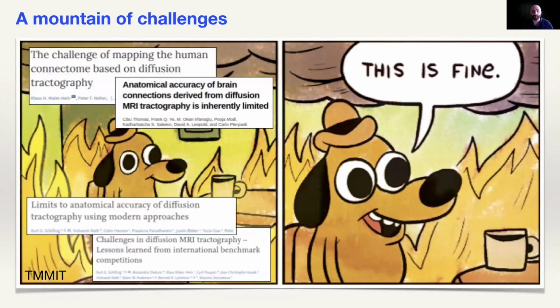So in the end, that generated a few papers, quite recent. So this one is 2017. You have other ones in 2019 that are saying that tractography itself cannot handle all of the connectome as it is now, and will never be able to some extent, because we have some inherent limitations.